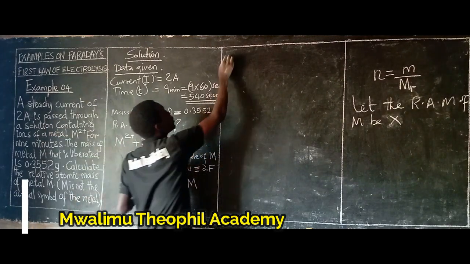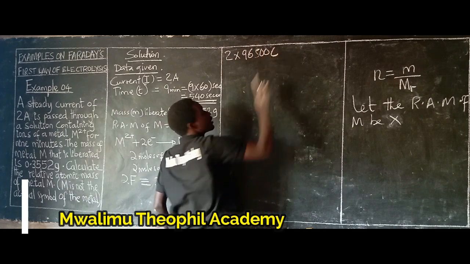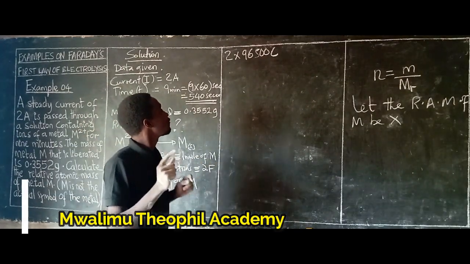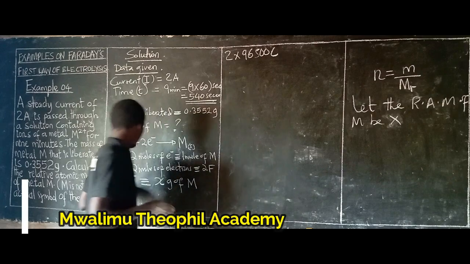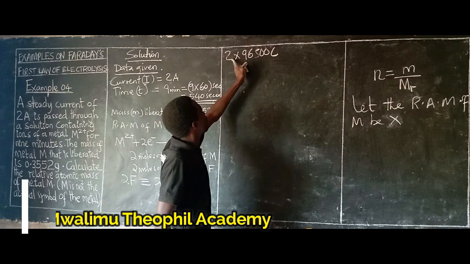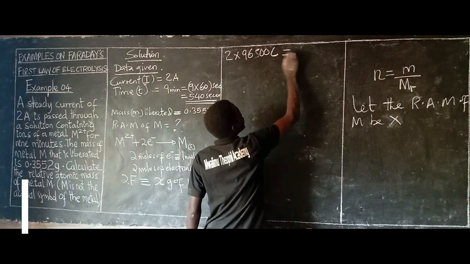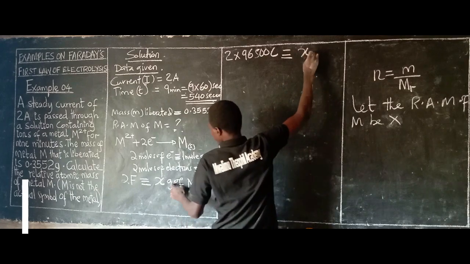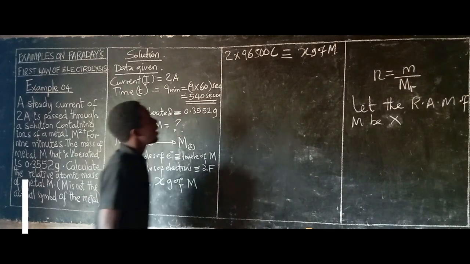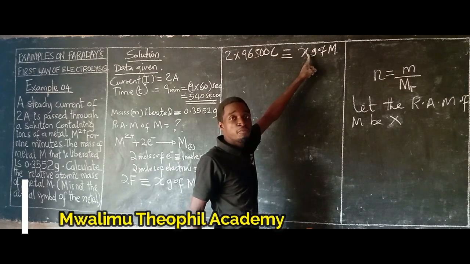Here we are going to have 2 times 96,500 coulombs, as 1 Faraday is equal to 96,500 coulombs. This is equivalent to X gram of M, and remember X is the relative atomic mass of metal M.